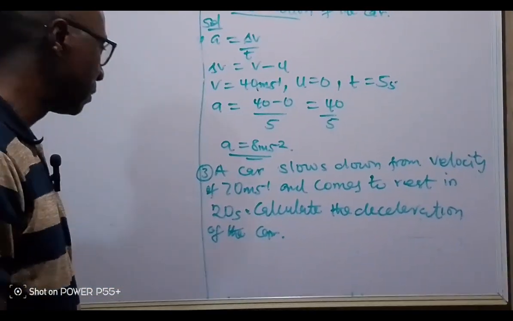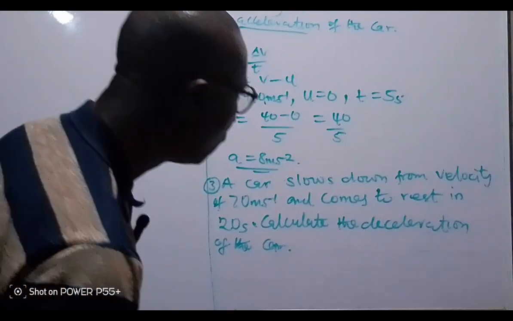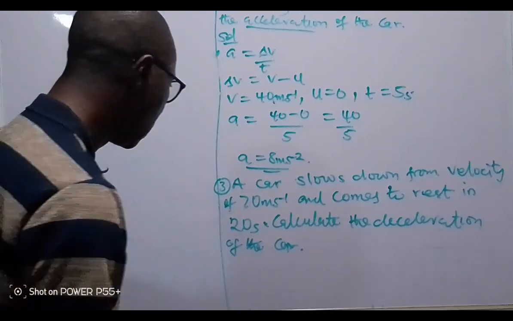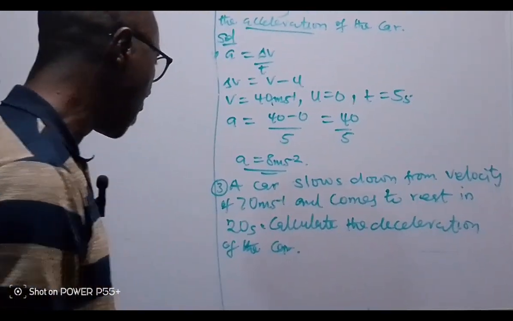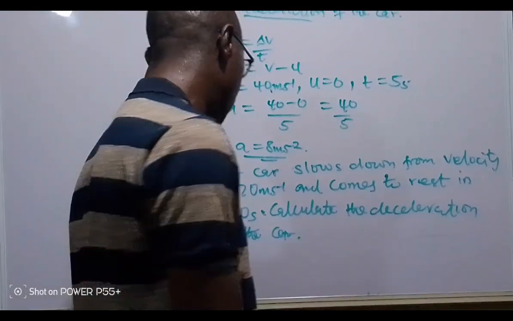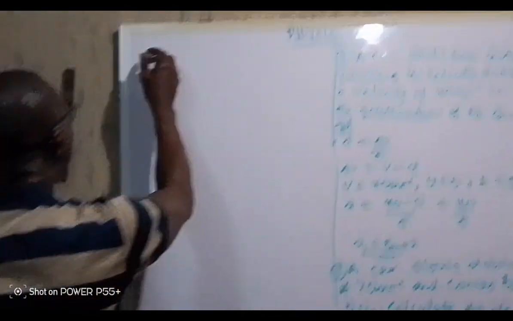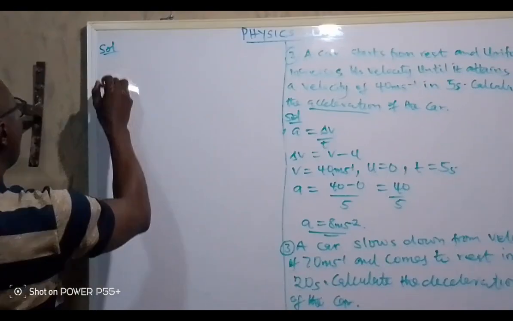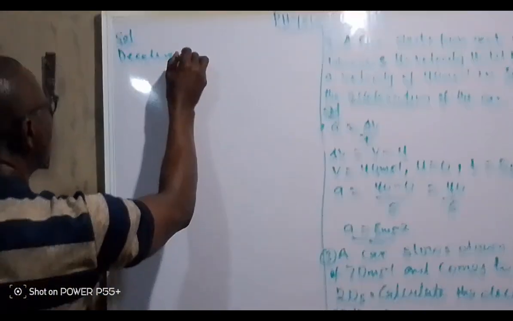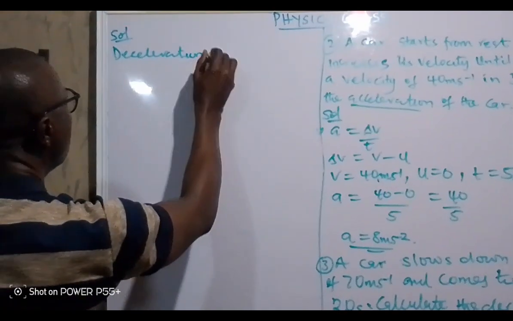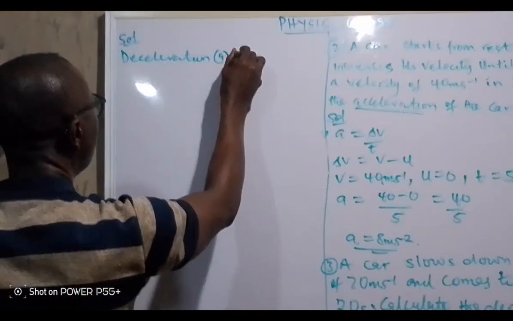Now take this one as example 3. The car slows down from a velocity of 70 meters per second and comes to rest in 20 seconds. Calculate the deceleration of the car. To calculate the deceleration, don't forget the same symbol A and the same formula.